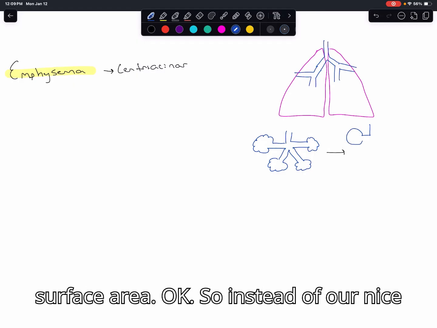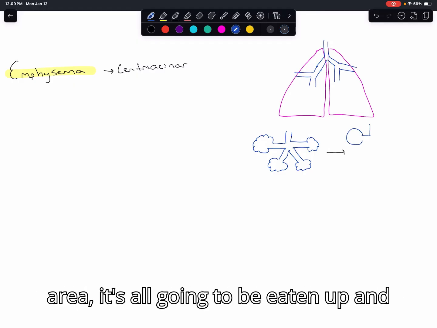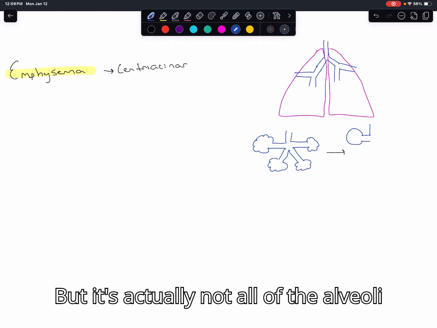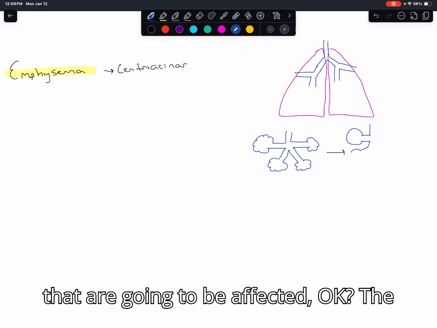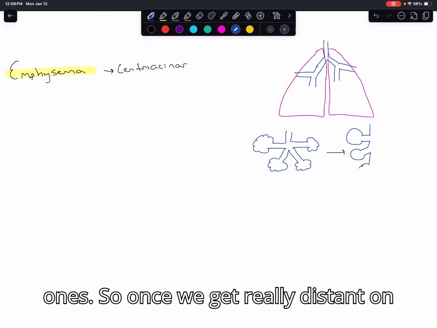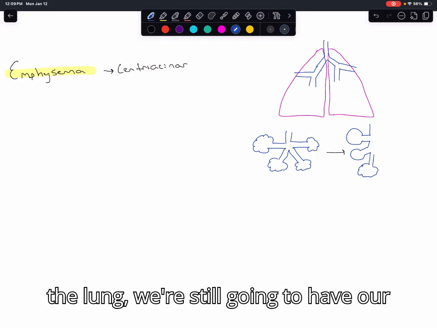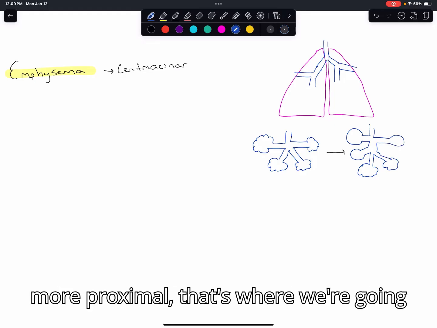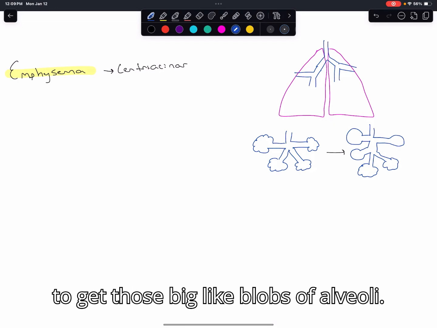Instead of our nice cloud-like structure, lots of surface area, it's all going to be eaten up and just look like a big circle. But it's actually not all of the alveoli that are going to be affected. The alveoli that are affected in a centroacinar are the more proximal ones. Once we get really distal in the lung, we're still going to have our nice alveolar shape. But once we keep going more proximal, that's where we're going to get those big blobs of alveoli.